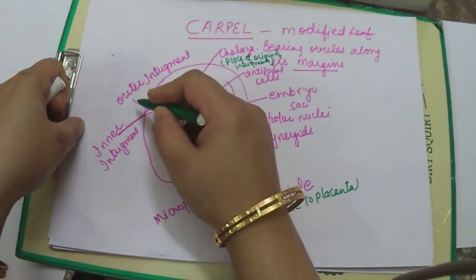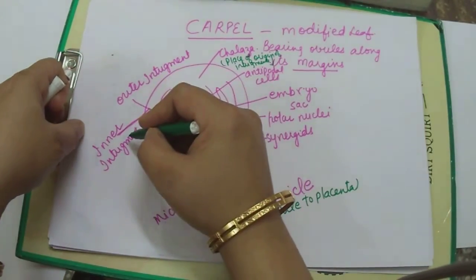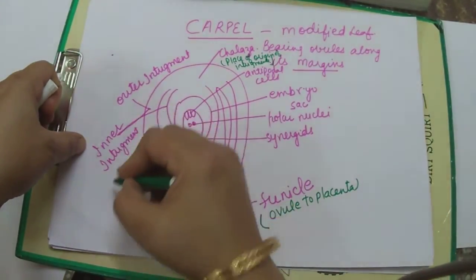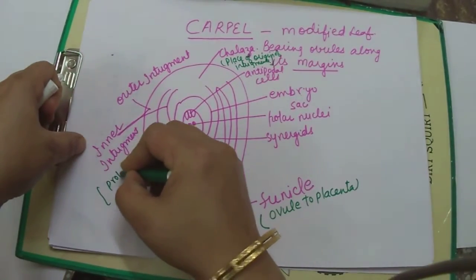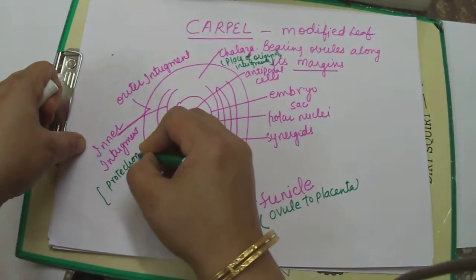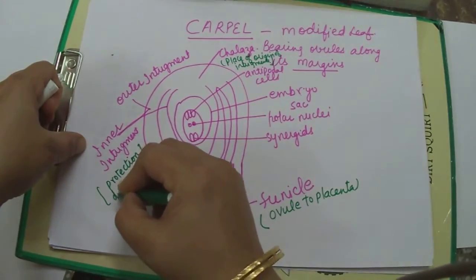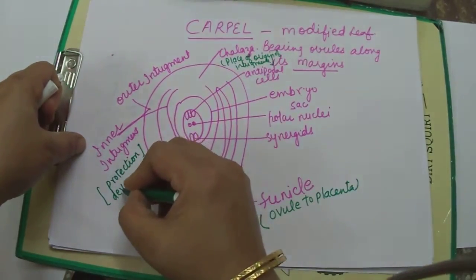Outer and inner integuments are the coverings that provide protection to the developing embryo.